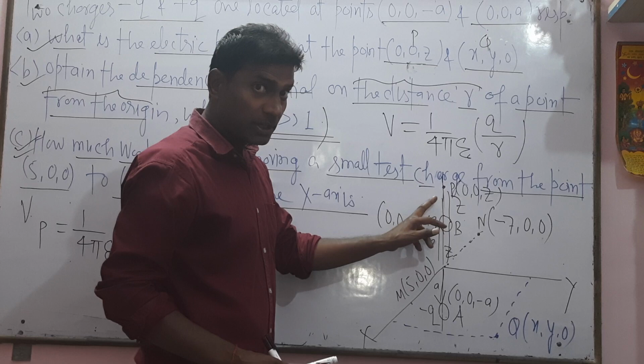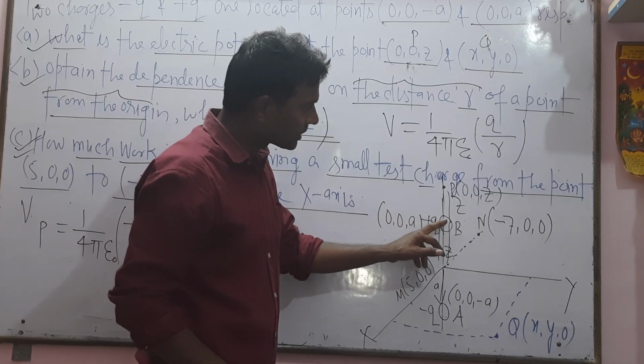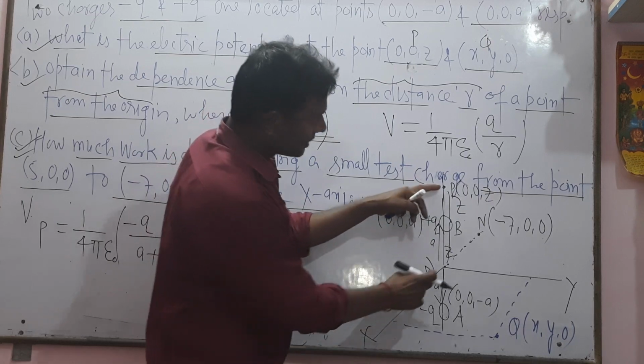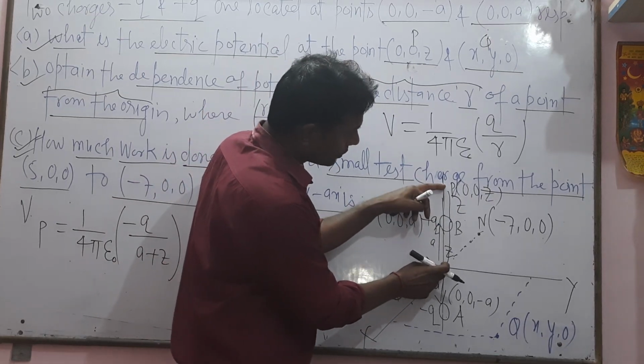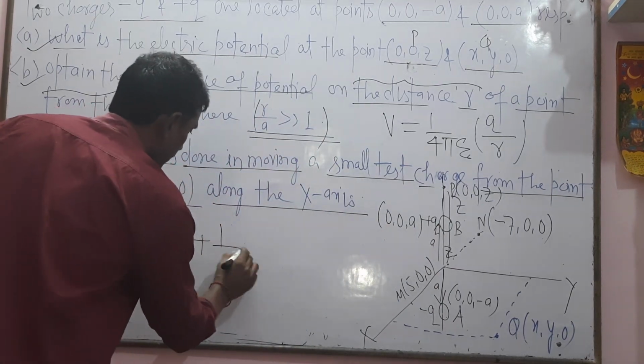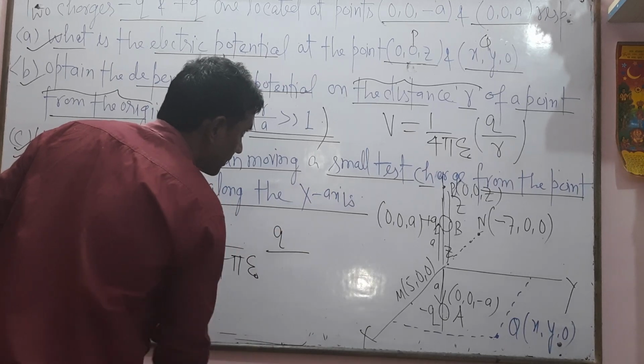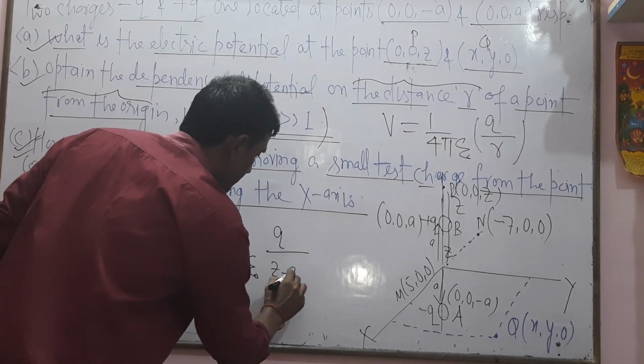So electric potential due to plus Q charge will be equal to 1 upon 4 pi epsilon naught times plus Q divided by R. R is what? This is the z, this is the a, so z minus a. So we can say 1 upon 4 pi epsilon naught times plus Q divided by z minus a.